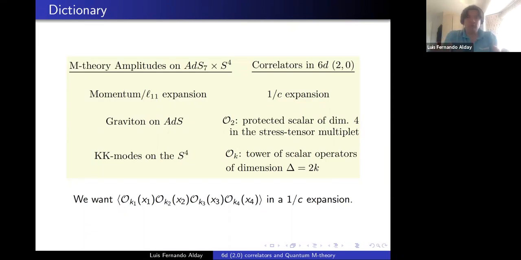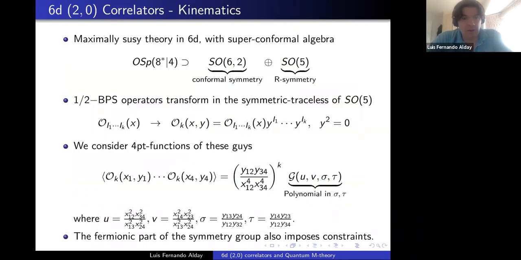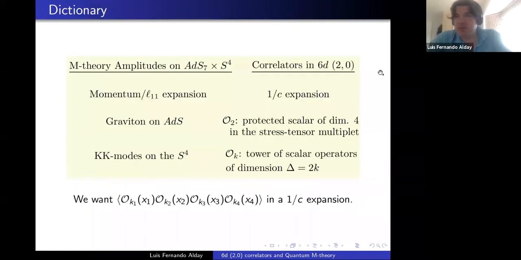So now the problem we want to study is this problem, and as I tried to argue, that is equivalent to studying M-theory amplitudes in a momentum expansion. Is it clear? Okay, did everyone understand the motivation? It should be more or less clear, but it will get a bit more technical now.